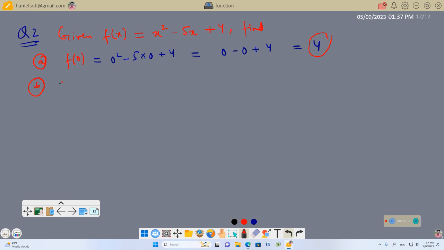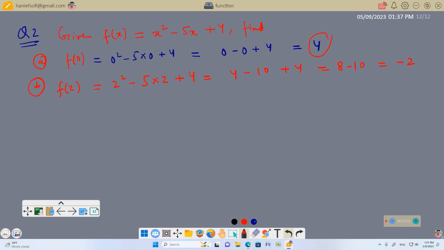It says find f of 2. Simple. Put 2 instead of x. So it is 2 square minus 5 into 2 plus 4. That is 4 minus 10 plus 4. That is 8 minus 10, which is minus 2.